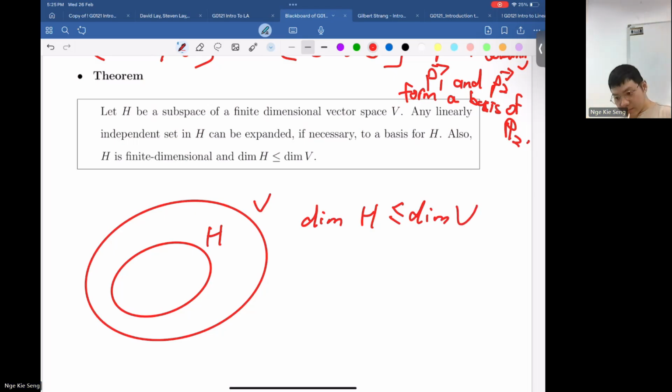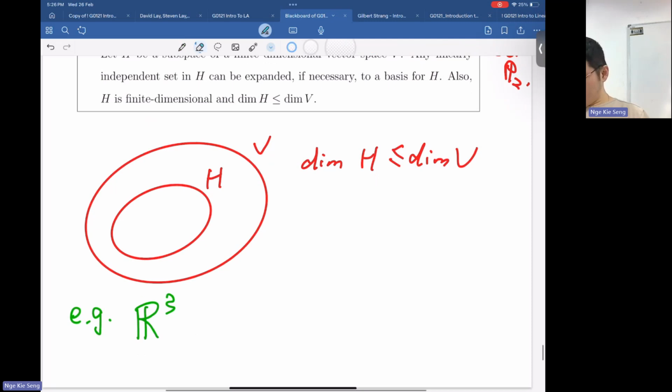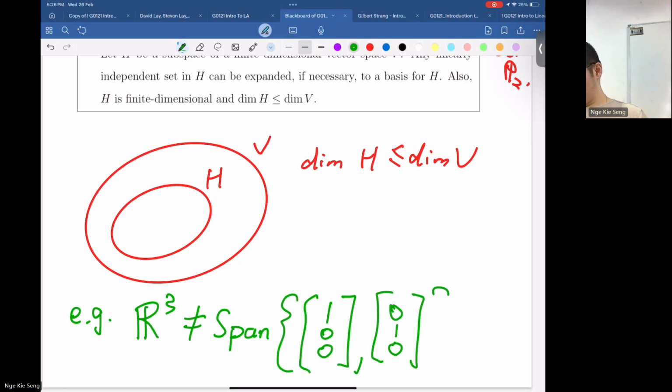And let's say, for example, R3. We can look at this set here. We can say that R3 is not equal to the span of, let's say, (1, 0, 0) and (0, 1, 0). Because what?